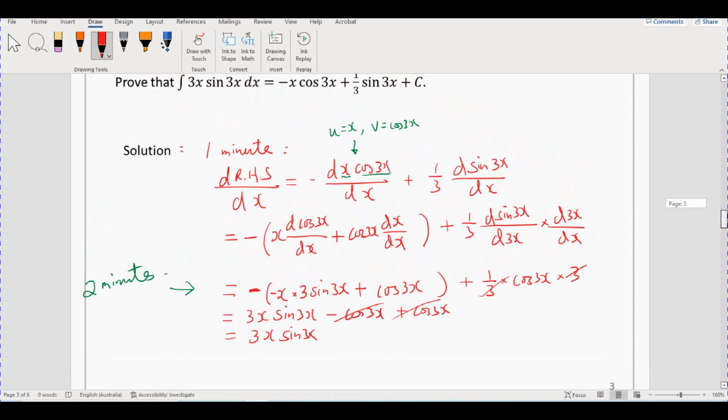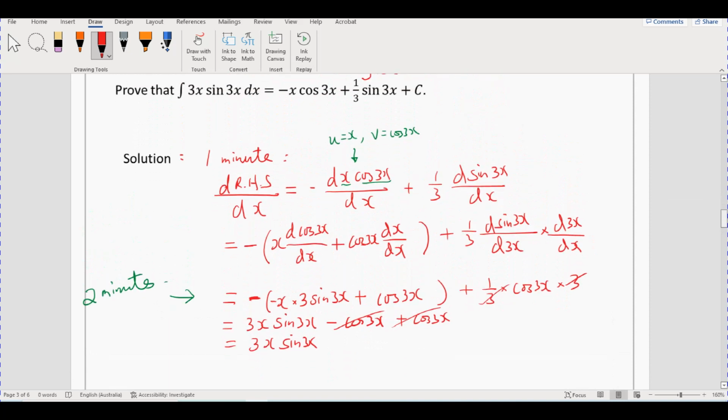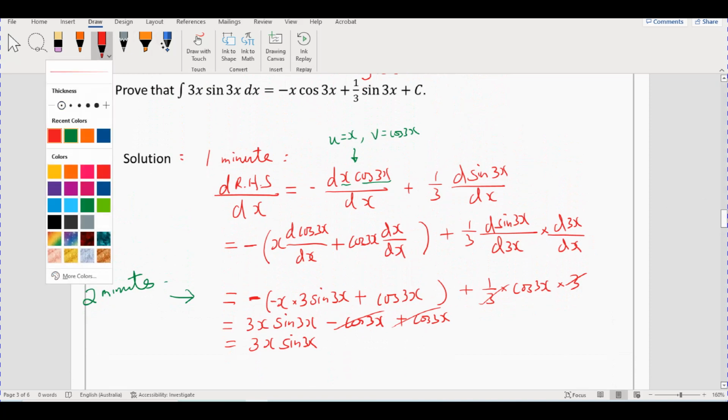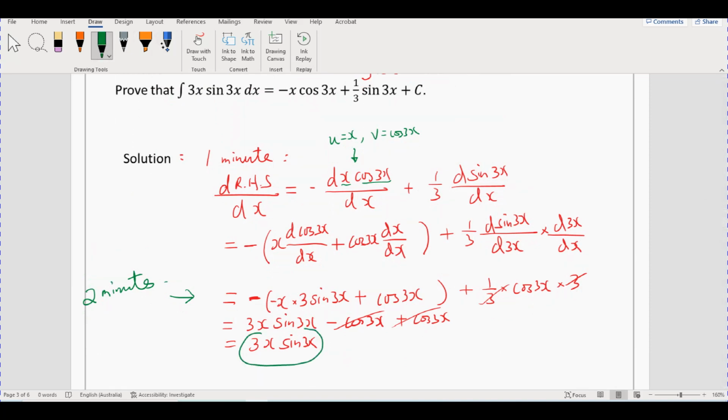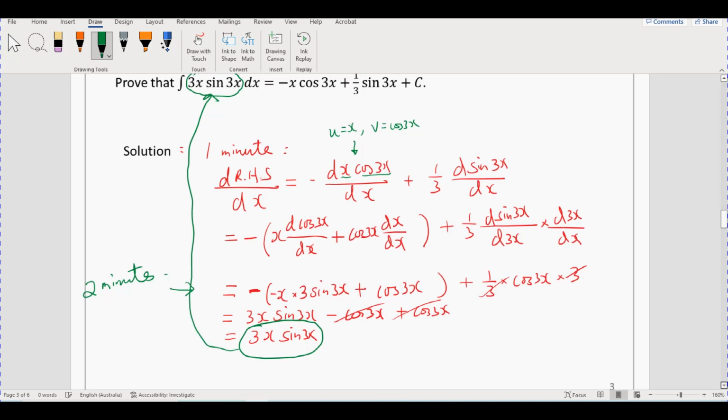Okay, so let's go back to have a look. Right now, the derivative of the right hand side equals, let me highlight this, 3x times sine 3x. Is that just the same as the integrand? So that means that 3x sine 3x is just the derivative of the right hand side. So in other words, the right hand side is just the antiderivative of that 3x sine 3x, right?